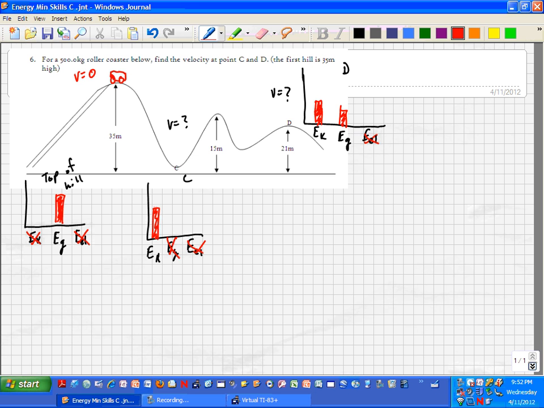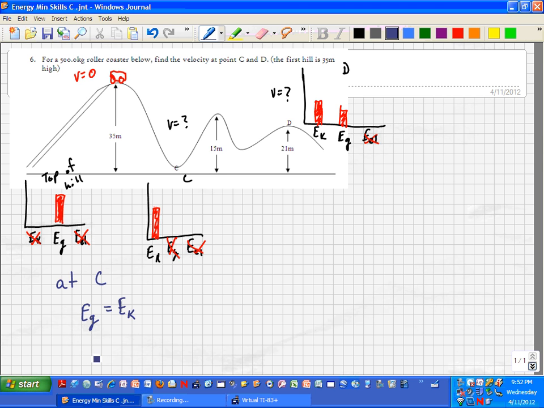So let's go ahead and attack this one at a time. We'll find the velocity at C first. So at C, what we have is our gravitational from the beginning is equal to our kinetic at point C. So the next thing we'll do is put in our equations.